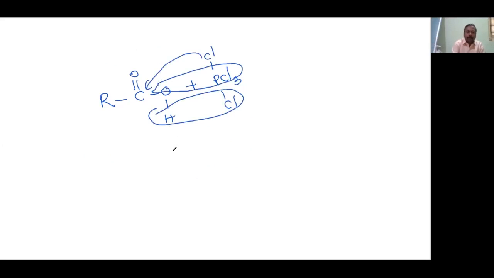Then the product is like this: RCOCl, then POCl3, HCl. This is the third product. And for SOCl2, RC double bond OH and SOCl2 you will write like this, only once.